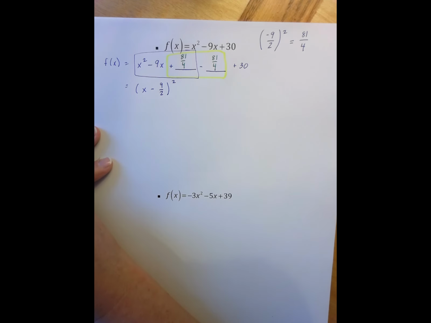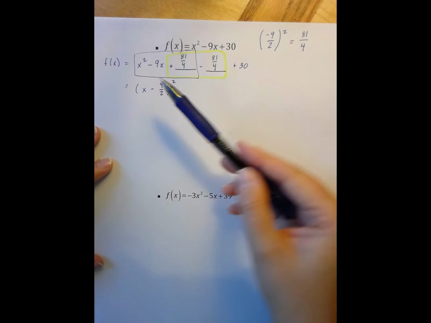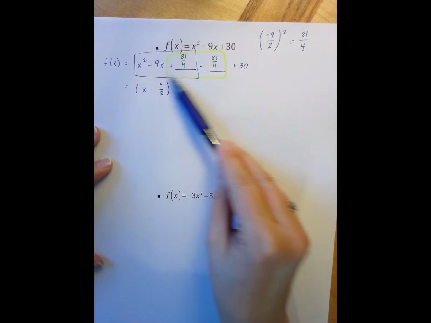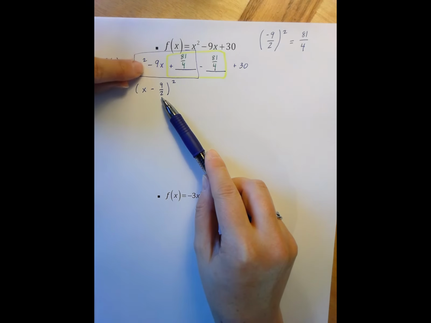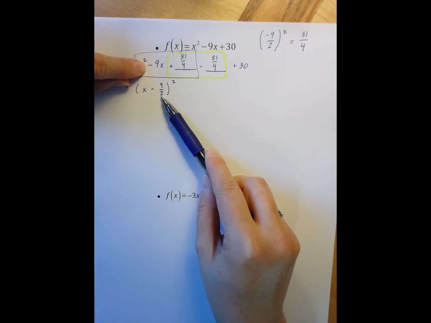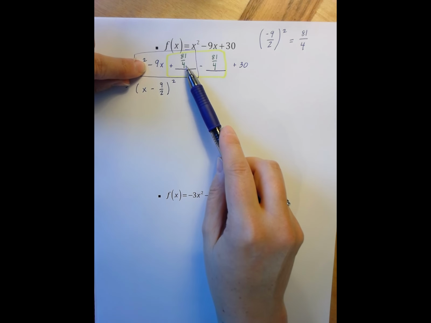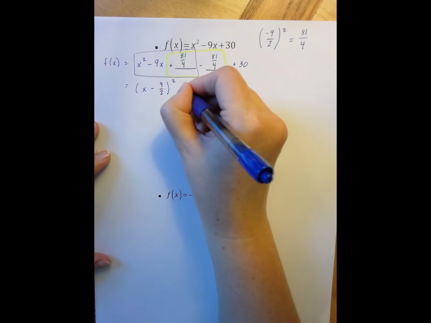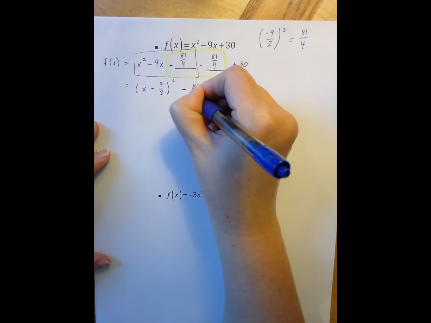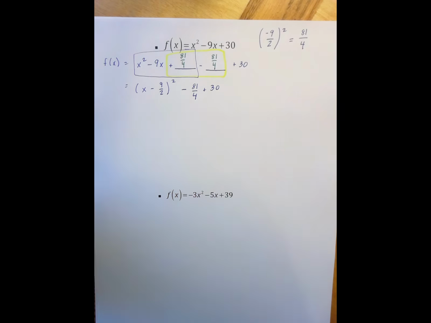If you haven't already noticed this pattern, in order to factor the perfect square trinomial, this number right here is always going to be your b divided by 2. And it actually works out that it's also exactly the square root of your c term. Okay? And now I still have −81/4 + 30.